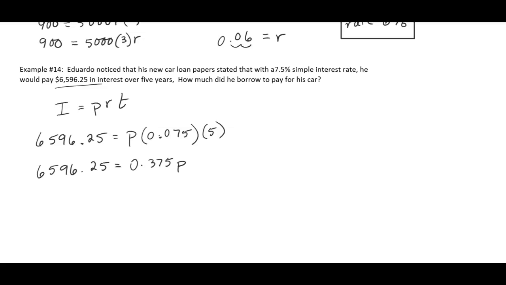Then I'm going to have to divide both sides by 0.375. Sometimes it's really handy to write these steps out so you don't lose the decimal places or the zeros. Now, when we do these types of problems, we want to see whether our answer makes some sense. If this car is going to cost like $2 million, we're probably not buying a $2 million car here. If we had that much money, we could probably pay for it.